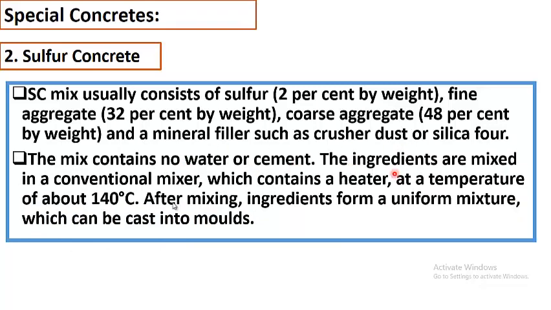The ingredients are mixed in a conventional mixer which contains a heater at a temperature of about 140 degrees centigrade. After mixing, the ingredients form a uniform mixture which can be cast into molds. Now this is a very interesting fact about sulfur concrete, that no water or cement is used in it.